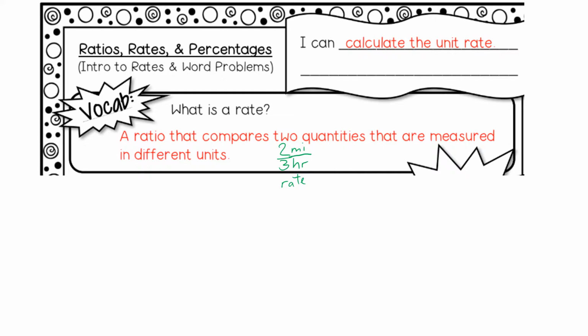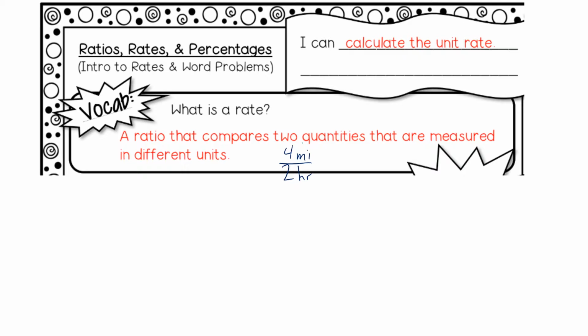Now the unit rate will be the case where we have something like this. What would be better is if I wrote, let's see, 4 miles in 2 hours. There is a rate because I view it as a ratio, but with labels attached to it.